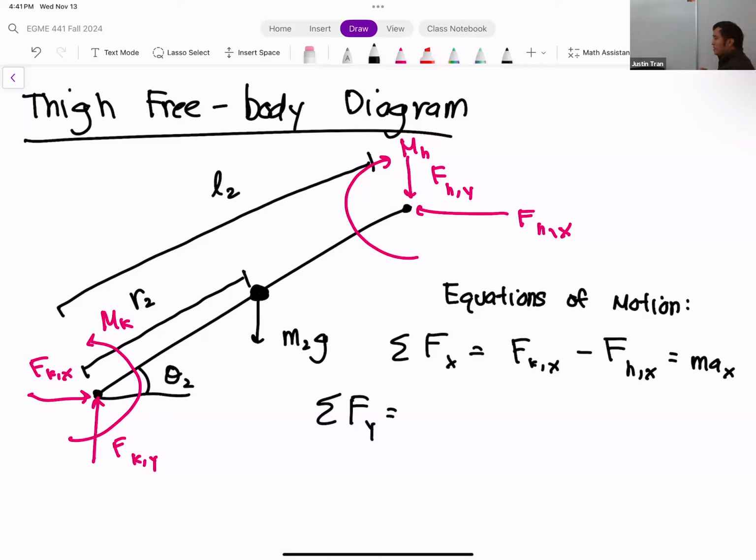Then we have the sum of the forces in the y direction. In the y direction, we have FKY going up minus M2G minus FHY. And that's equal to mass times the linear acceleration in the y direction.